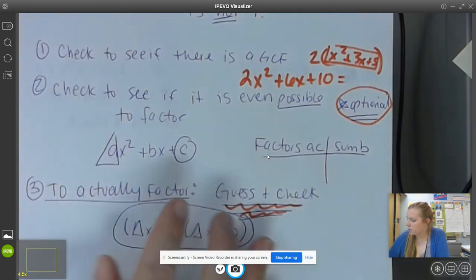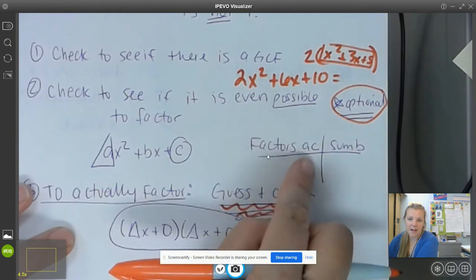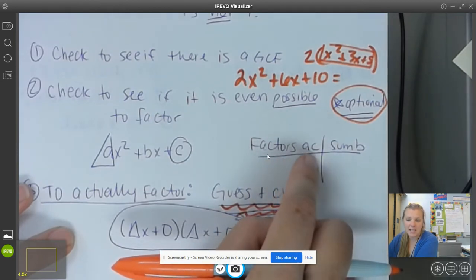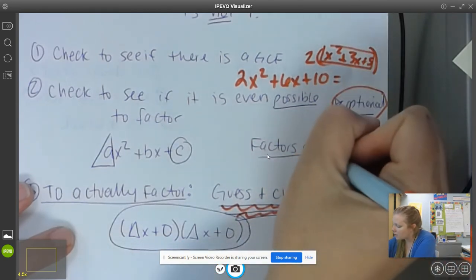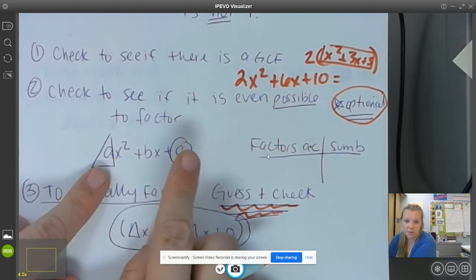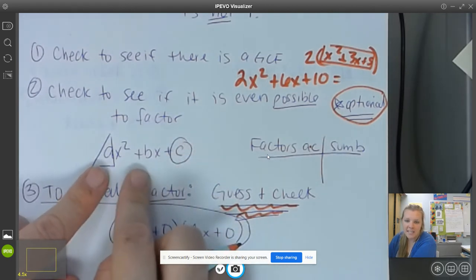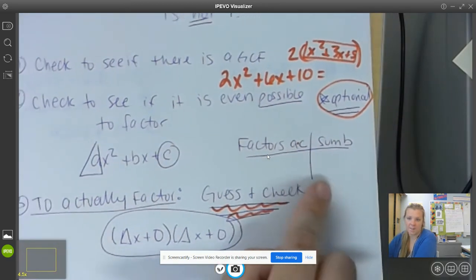And I'll explain how to do this next time, but you should recognize this table, the factors of C. Last time it was the factors of C that add to B, but now it's going to be the factors of A times C. So whatever the A number is, you're going to multiply it by C. And you can then check.